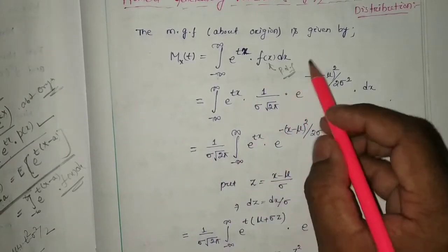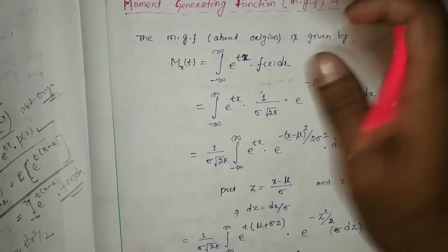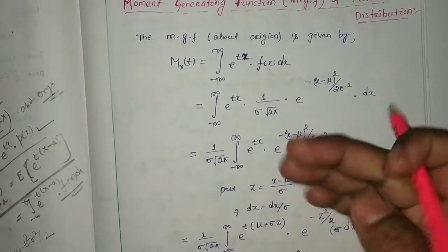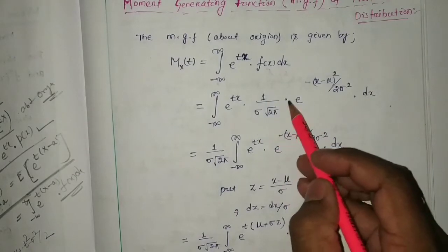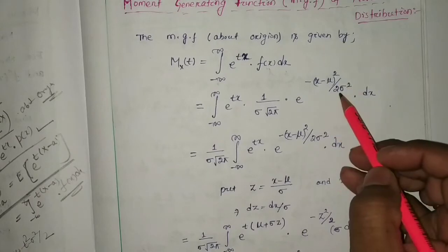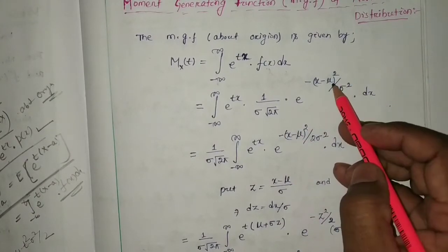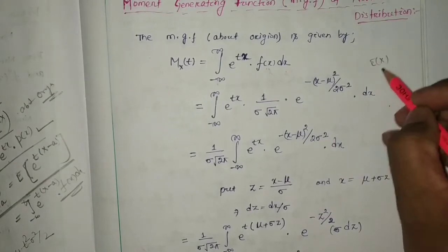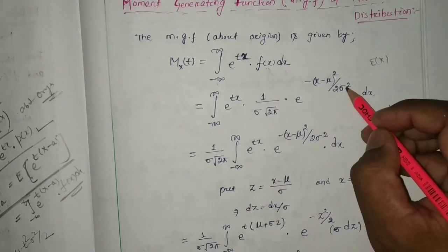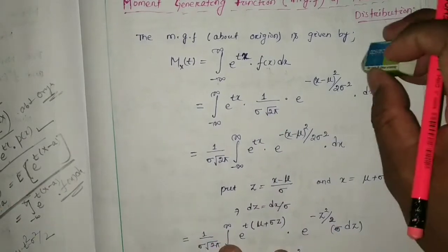We know that the probability density function for the normal distribution is 1 by sigma root 2 pi into e to the power minus (x minus mu) whole square by 2 sigma square. Here mu represents the mean or expectation of X, sigma square is the variance, and sigma represents the standard deviation.